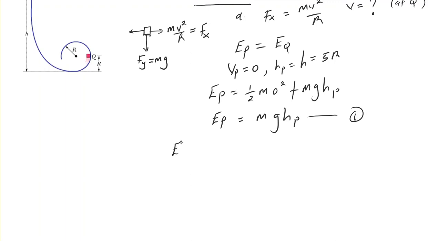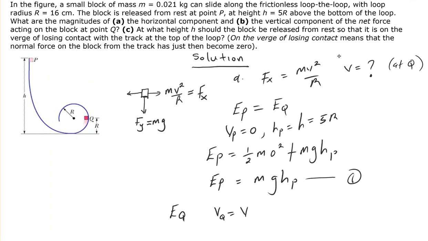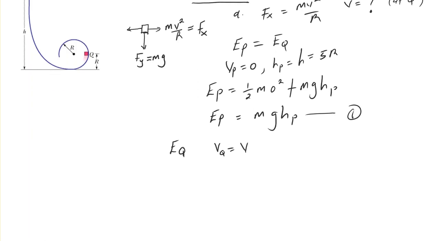Now, what is the total energy at point Q? EQ, we need to find that. First thing is that we know it has a velocity VQ, which is what we are calling v up here, and then we have a height, which I'm going to call HQ. HQ here is equal to r, as we can see in the figure, but I'm going to solve it generically again.